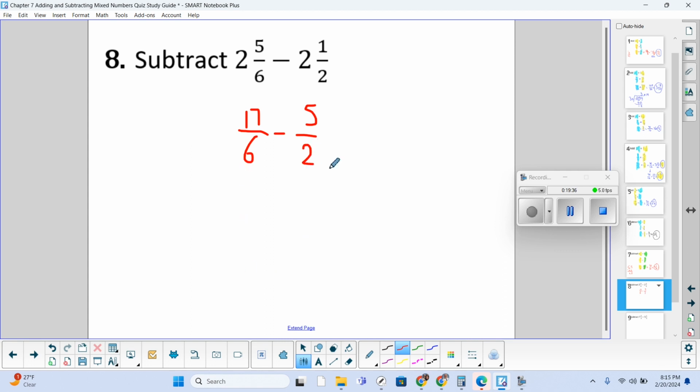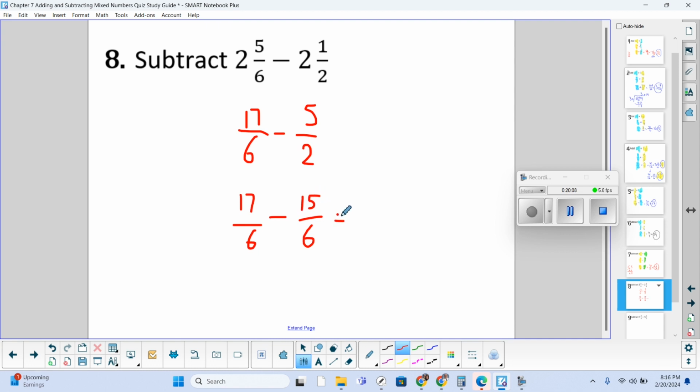Common denominator for 6 and 2 would be 6. So what do I multiply 6 by to get to 6? Well, just 1, so it stays the same. So 17 times 1 is 17. What do I multiply 2 by to get to this denominator of 6? 2 times 3. So I would take this and multiply it by 3. 5 times 3 is 15.